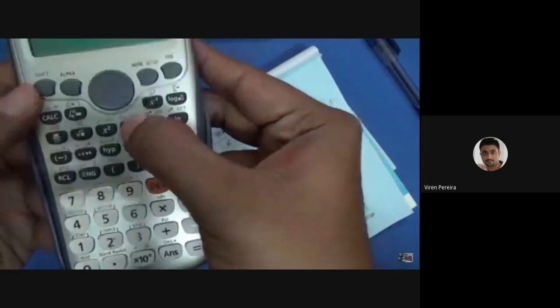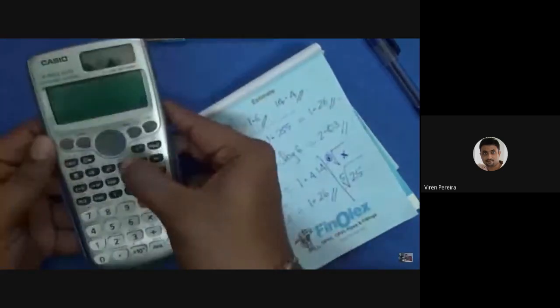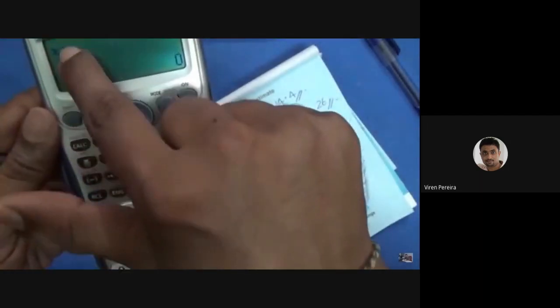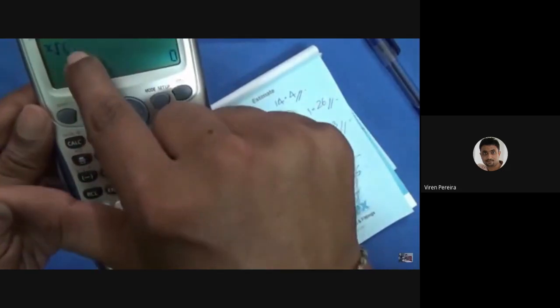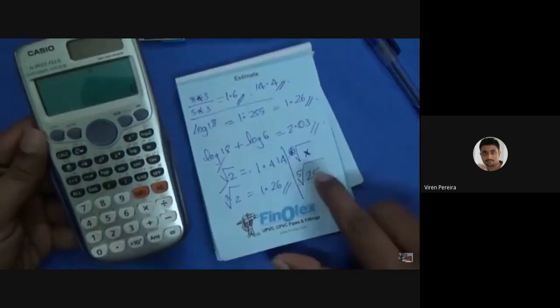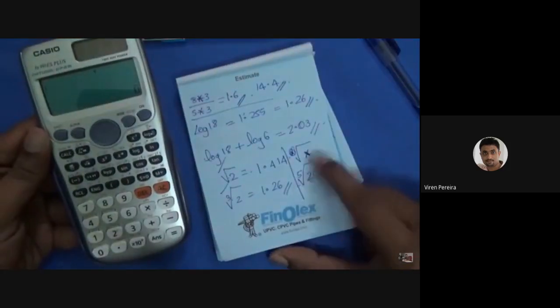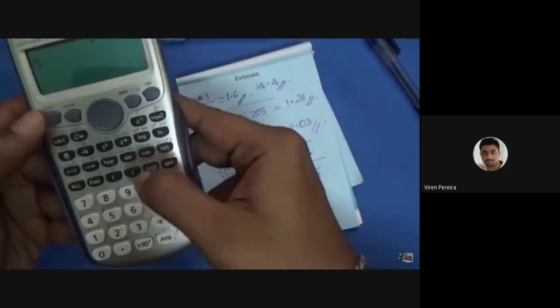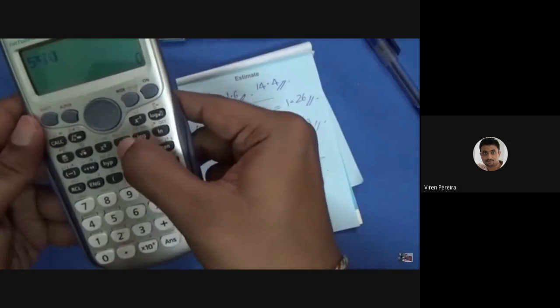So I press this shift button, I press this here, you can see it is x root and you have to input your value. So any root will do. Now say you have an example here, 5 root of 25. I have to first input 5, shift, put that button.